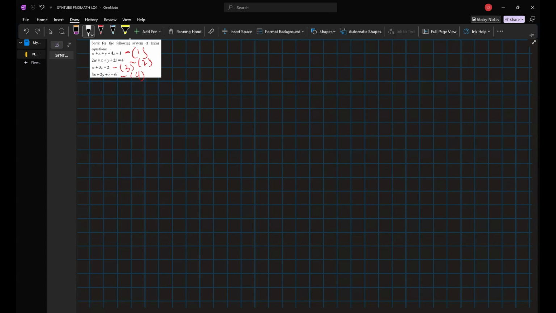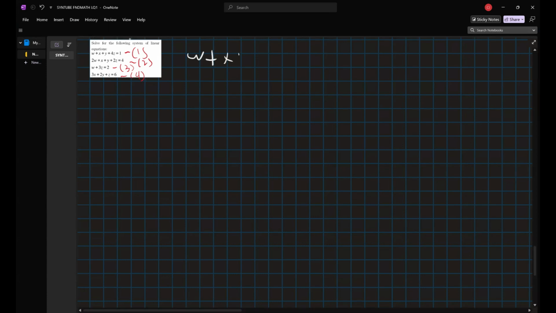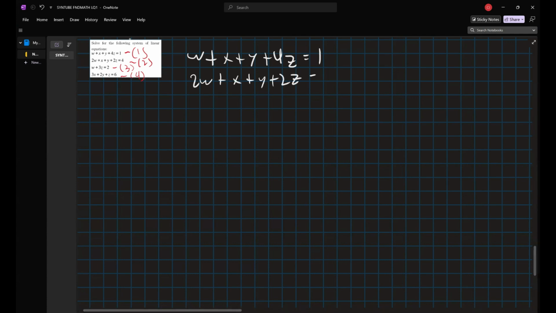So that would give us w plus x plus y plus 4z equals 1, and 2w plus x plus y plus 2z equals 4, right? Now we subtract them from each other.